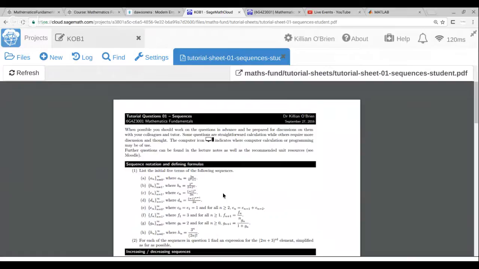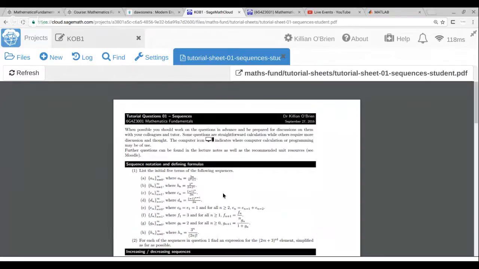To introduce them to you, in question 1 there's just a bunch of example sequences, and these are the easiest questions on the sheet in some ways. It's just getting you used to working with the formulas and reading the notation. A basic exercise to get started is to take each of these sequence definitions and develop the first 5 terms or so.